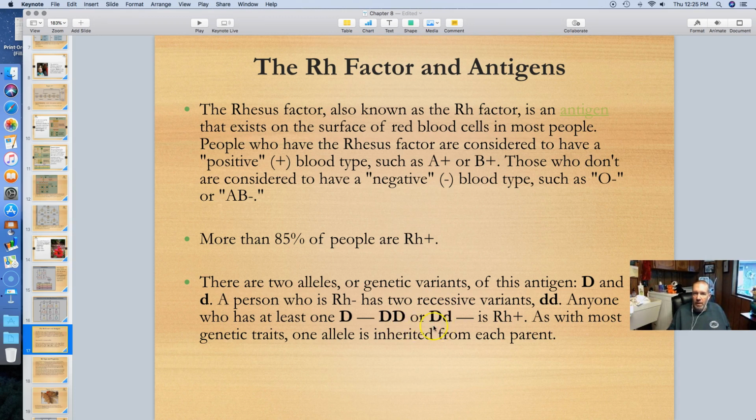As long as you have at least one dominant allele, you have a positive factor. And if you have 2 recessives, then you're going to have a negative blood factor. And again, these are also characteristics that are inherited from your parents.